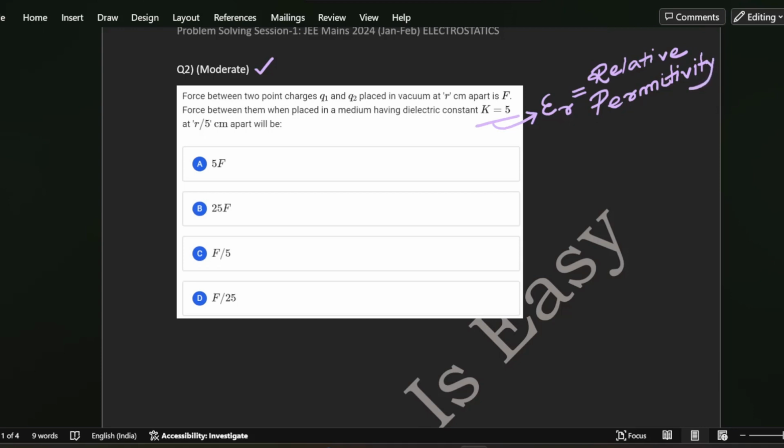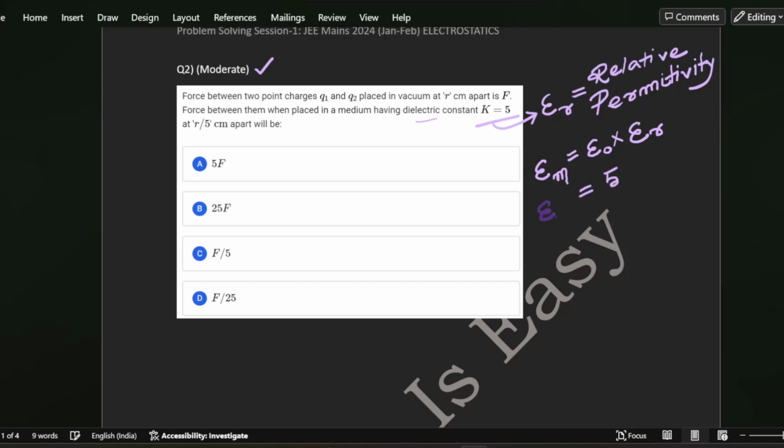So the formula that we know is epsilon m, the permittivity of a particular medium, is equal to epsilon naught, the absolute permittivity of free space, multiplied by epsilon r. And sometimes this epsilon r is replaced with the dielectric constant, like what has been done here.